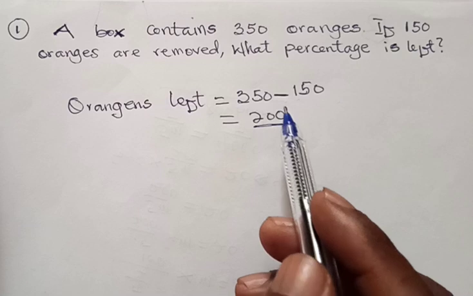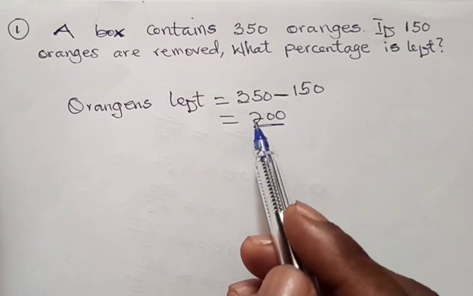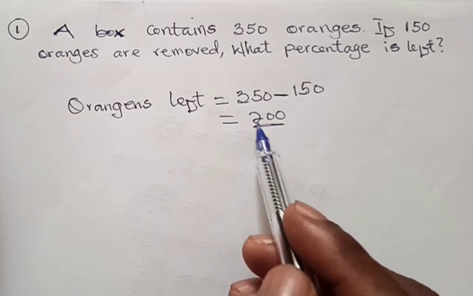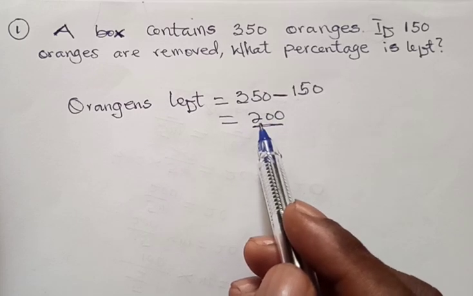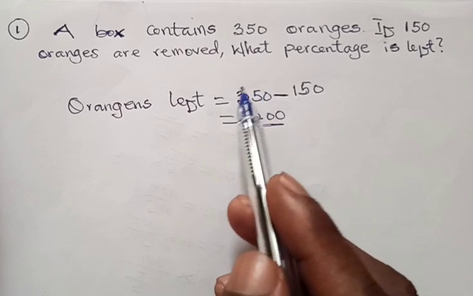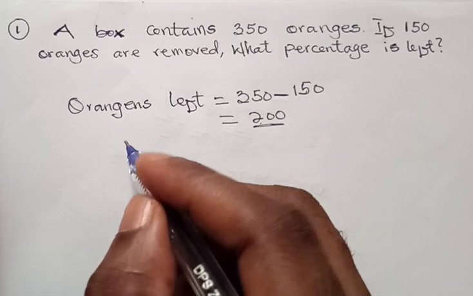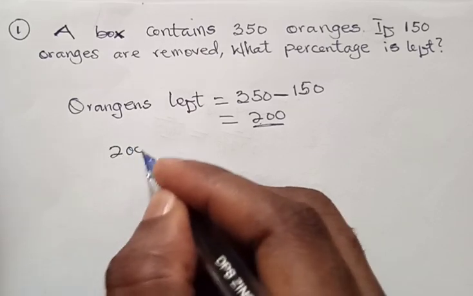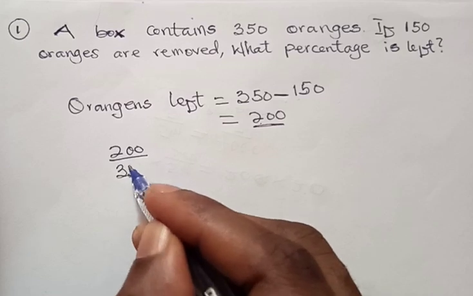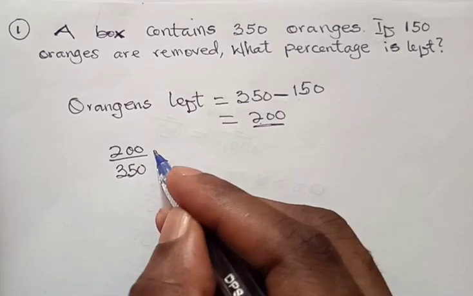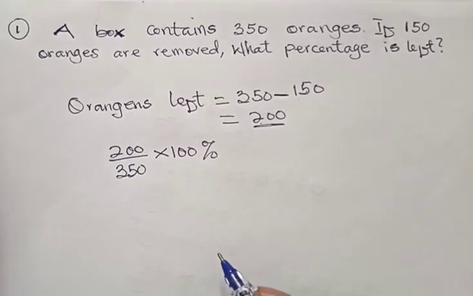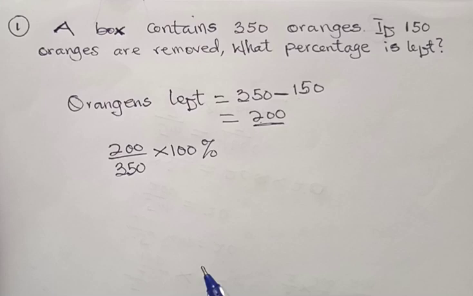So since we know that this 200 is our quantity, we find the fraction of this 200 over the total. This is the total. So we are going to get 200 divided by 350. Then we multiply by 100%. Okay, so this one is also very basic.